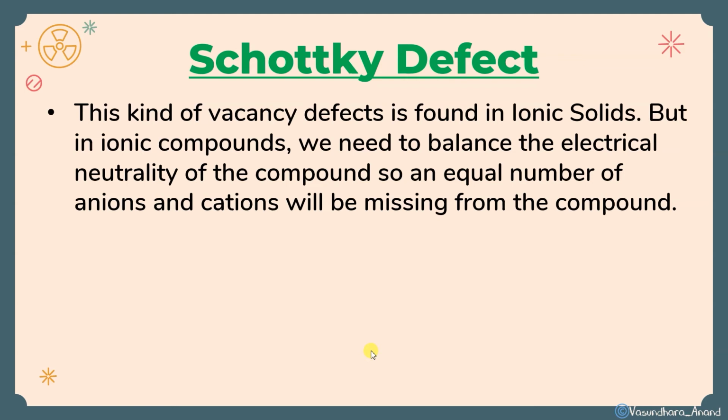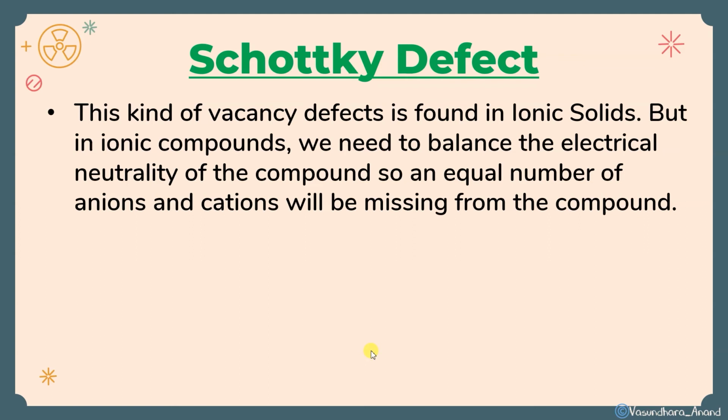But for the ionic solid, we are supposed to balance the electrical neutrality. So इसमें क्या होगा? Schottky defect में equal number of cations and anions will leave its site. Got it? If one cation is coming out, one anion should also come out. If two cations are coming out, two anions will come out to maintain the electrical neutrality, and it will only create the vacancy, not the interstitial.